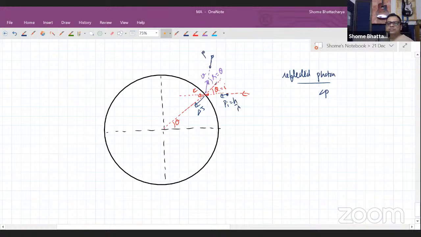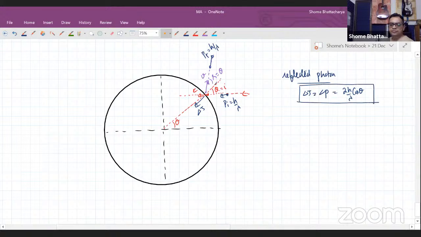The final momentum is also of magnitude h by lambda. So the change in momentum will become 2 times h by lambda cos theta. So it is position dependent. So the impulse that a single photon applies when it is incident at an angular position theta is given by this.